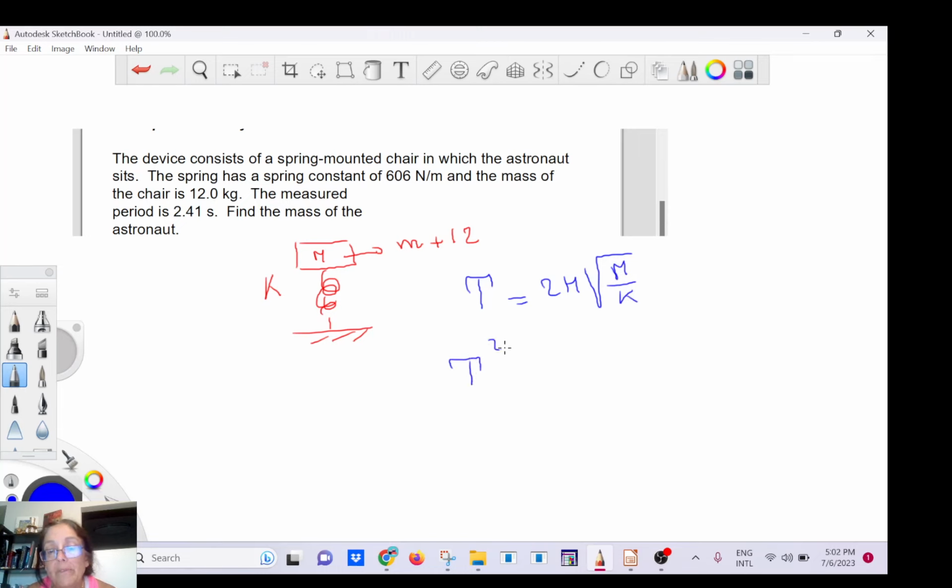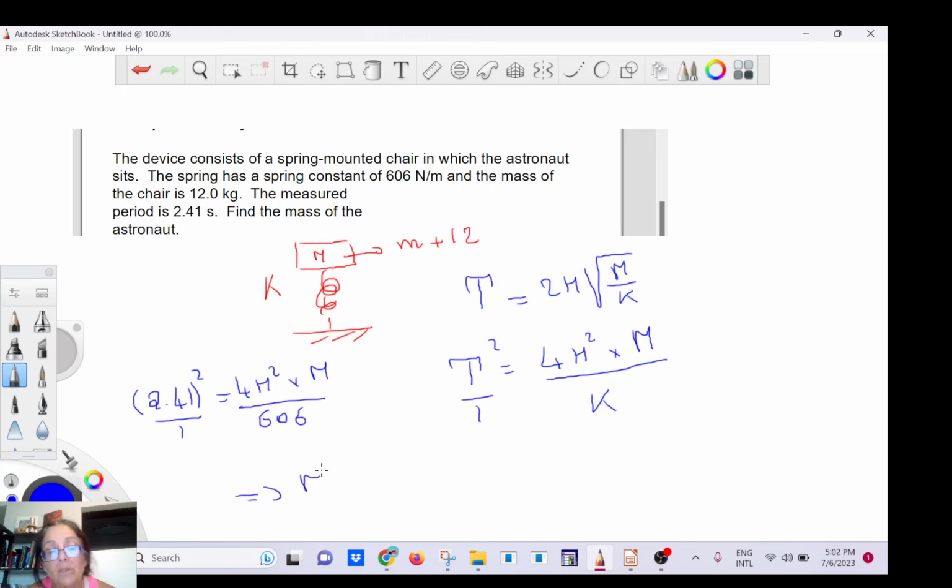So you square both sides. That's going to be 4 pi squared times the total mass divided by K. Then you can plug it in. The period is 2.41, squared, equals 4 pi squared times the total mass divided by the spring constant, which is 606.